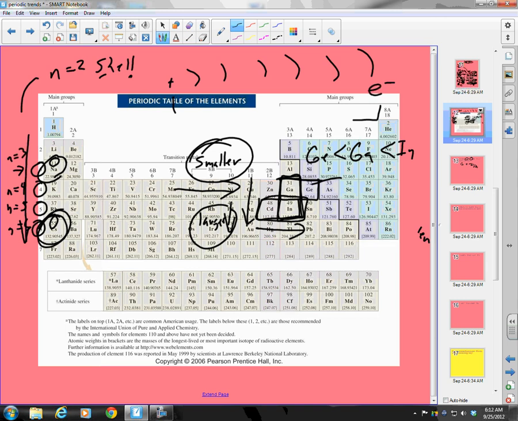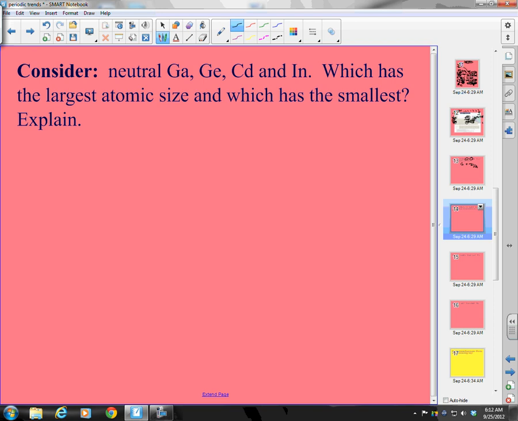So, germanium is the smallest and cadmium is the biggest. Got it?